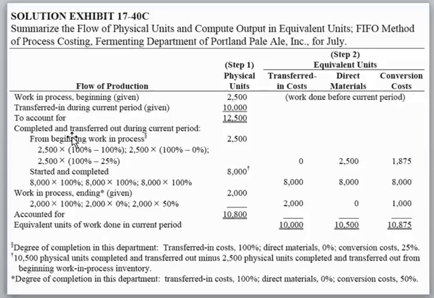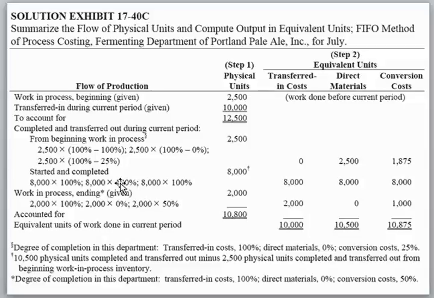Second, the completed and transferred out during the current period, here's the difference. From beginning work in process, 2,500 multiplied by 100% minus 100%, so it will be 0 for the transferred in cost, and 100% for the direct material will be 2,500, and 100% minus 25%, which is 75% for the conversion cost.